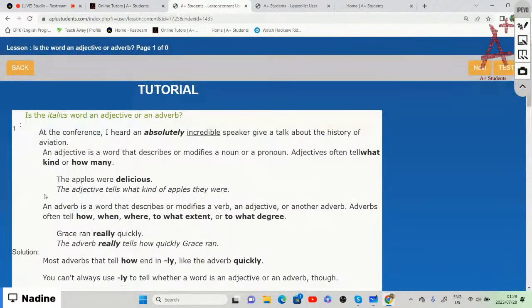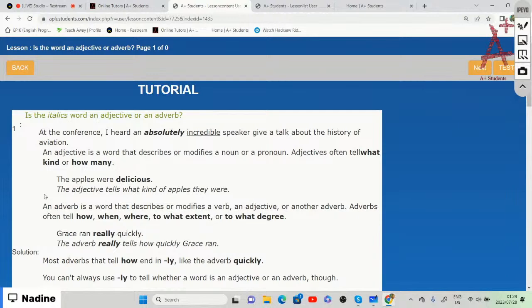And just to recap on what an adjective as well as an adverb is, an adjective is a word that describes or modifies a noun or a pronoun. And adjectives often tell us what kind or how many, right? So the way it describes or modifies the noun, it basically answers the questions what kind or how many.